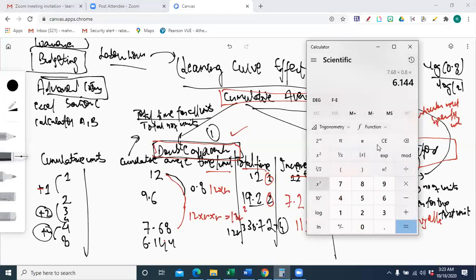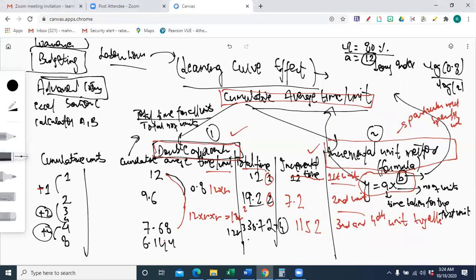Or I could have done it as 12 into 0.8 into 0.8 into 0.8. So this is the cumulative average time per unit for 8 units, and multiplying by 8, I get the total time for cumulative 8 units, right?